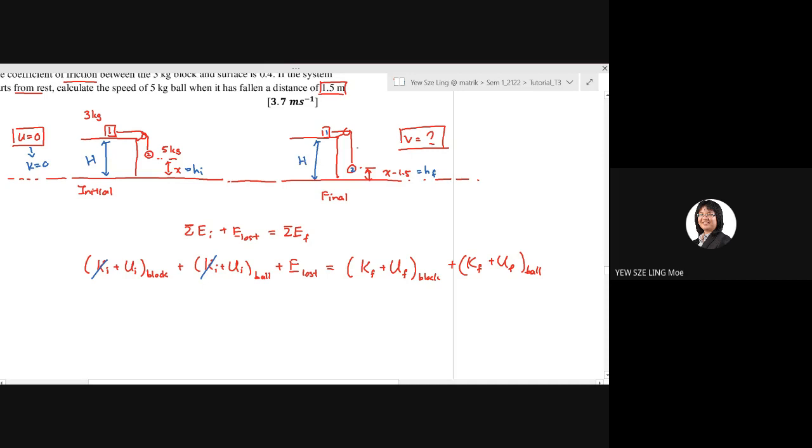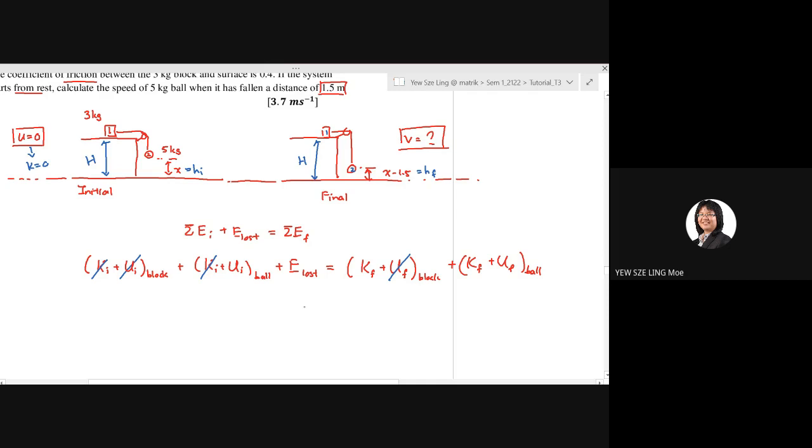There's no change in height, which means there's no change in the potential energy. Therefore, you can actually remove the potential energy for the block, because it's just moving along the horizontal component. It doesn't involve a change in vertical height.